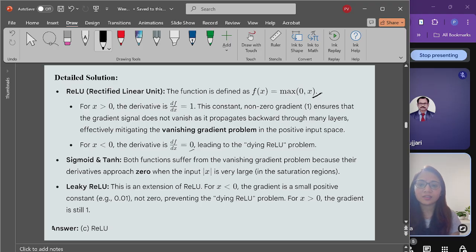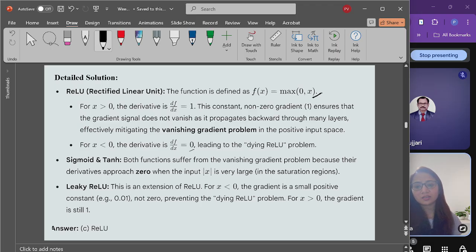And leaky ReLU is basically an extension of the ReLU function. For x less than 0, the gradient is a small positive constant, 0.001, not 0, which prevents the dying ReLU problem. And for x greater than 0, the gradient is still 1.